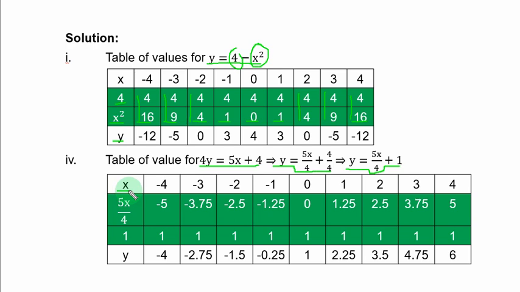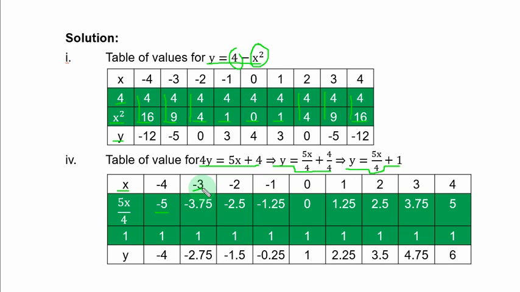So when s is minus 4, 5s over 4 means 5 times minus 4. That is minus 20. Divide by 4, you have minus 5. When s is minus 3, you have 5 times minus 3. That is minus 15.